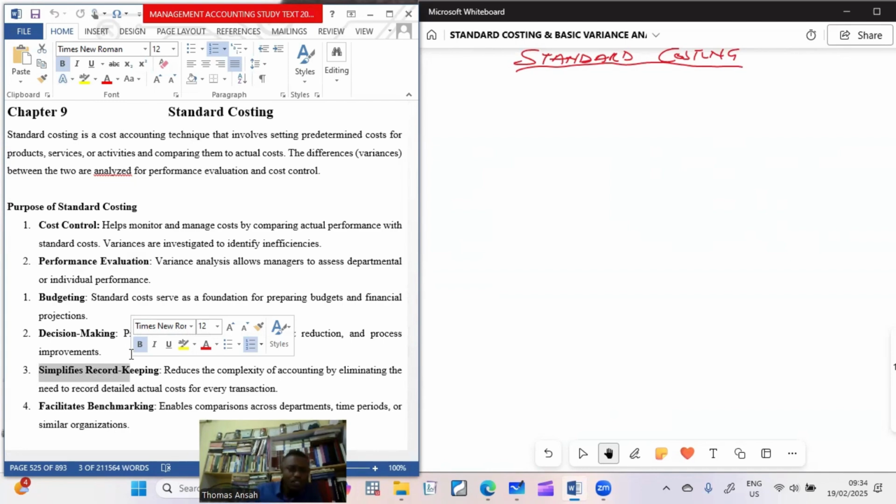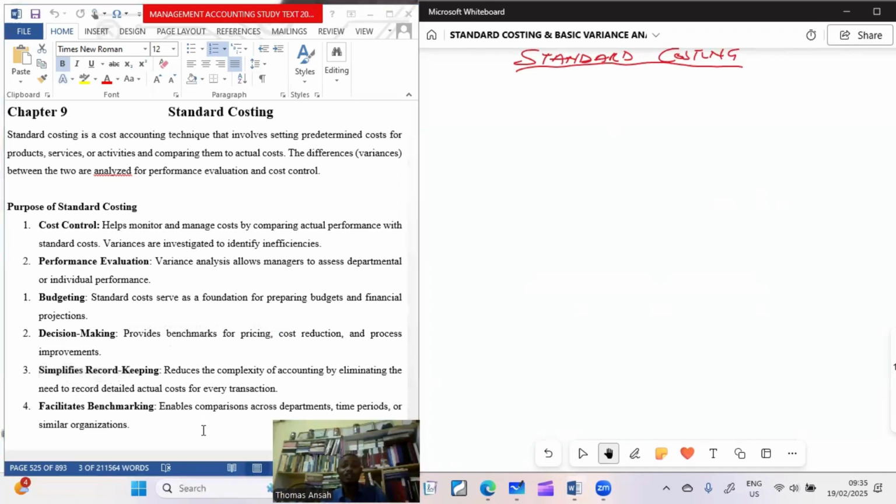I used to be in the petroleum industry, a BDC, and you have to book the product with the additional cost, even though the additional cost has not even materialized yet. You have to book it. That's why we call it accrual accounting. You have not paid for it, the actual has not happened, but you accrue for it. So it simplifies record keeping. You can't say you are waiting for the place you stored your product to give you the invoice before you can do your P&L.